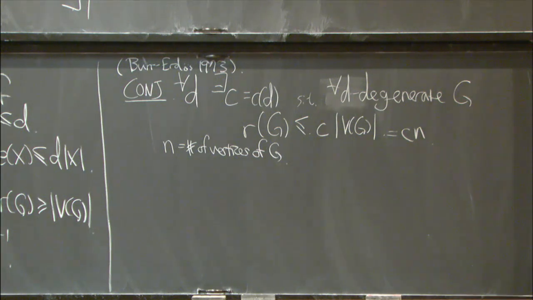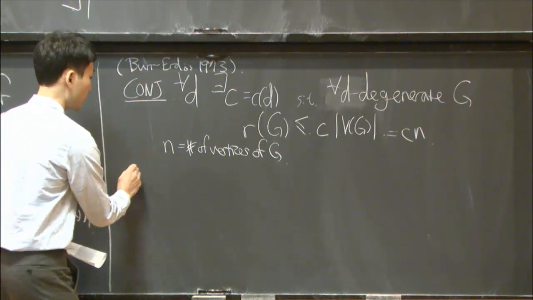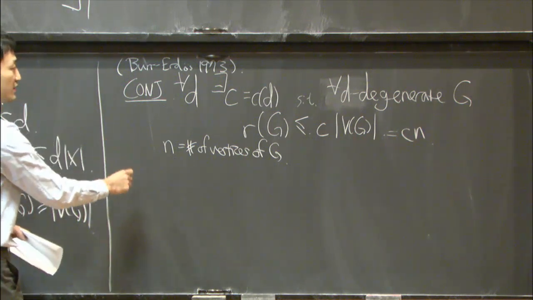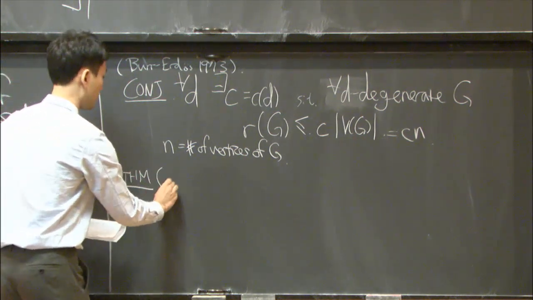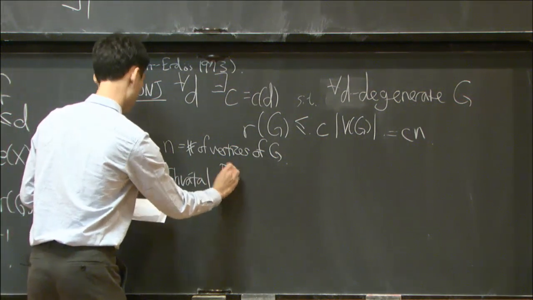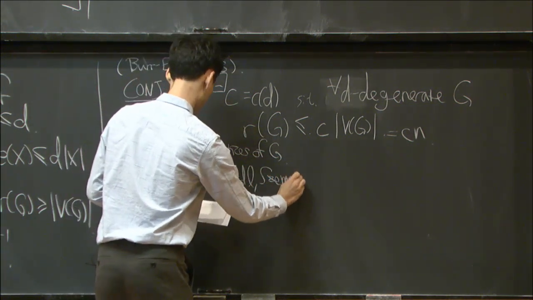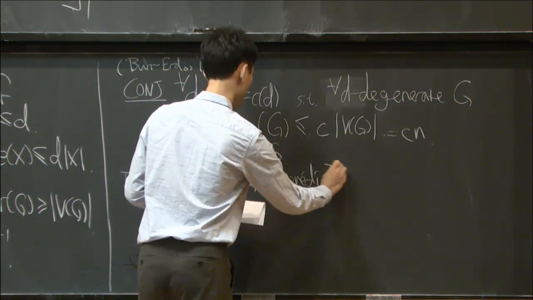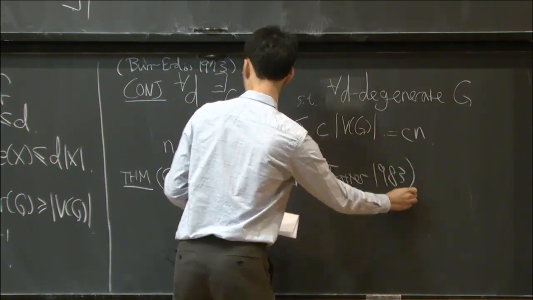So let me show you some results. The first result toward the conjecture was proved by Chvátal, Rödl, Szemerédi, and Trotter in 1983.